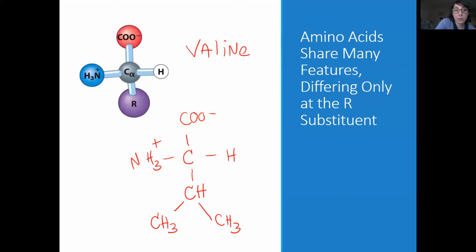Its one-letter code is a V, and to help you remember that this structure goes with this name, you can see that this R group kind of resembles a V. We've attached a V onto our central carbon for valine. Next is a longer R group, which is leucine.